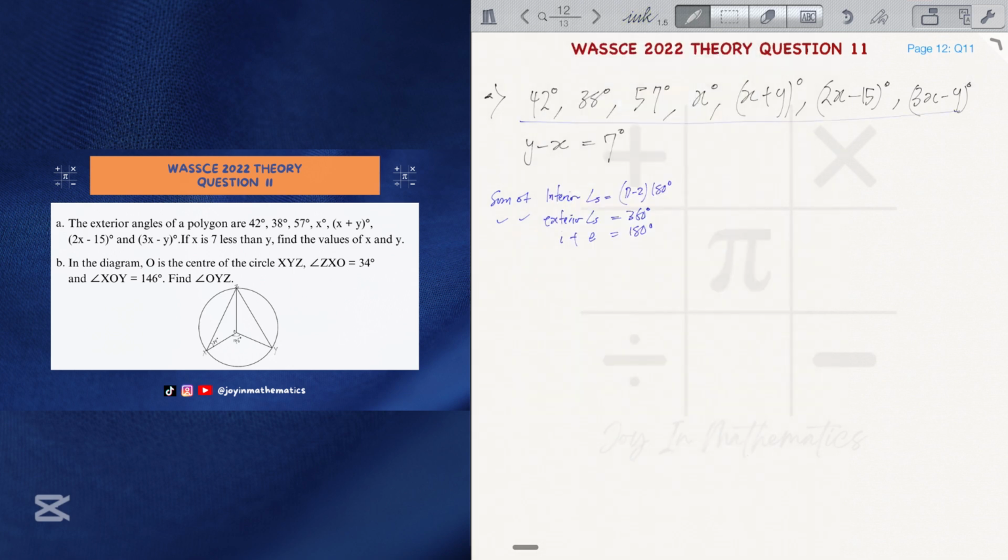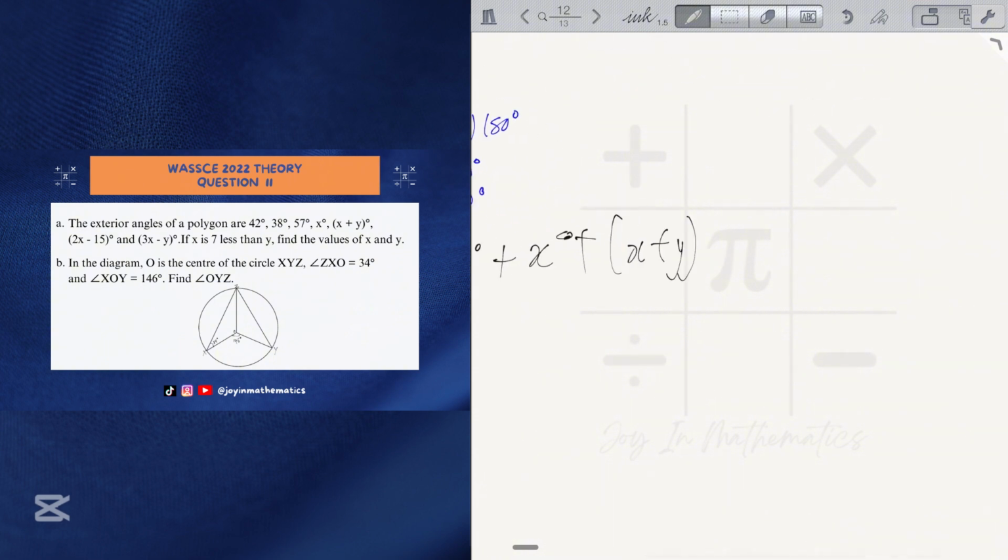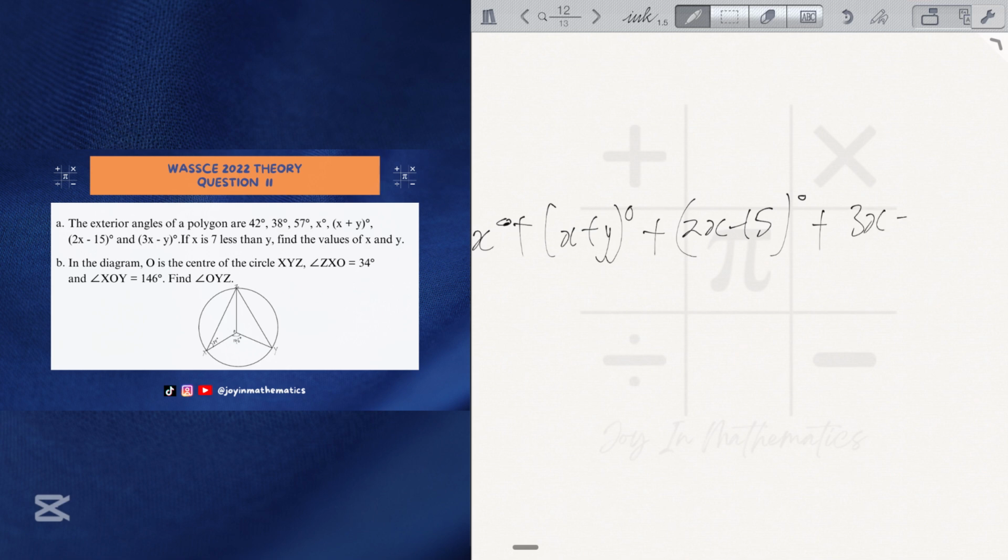So in short, we are saying 42 degrees, 38 degrees, 57 degrees, x degrees, x plus y degrees, 2x minus 15 degrees, and 3x minus y degrees, everything is equal to 360 degrees.